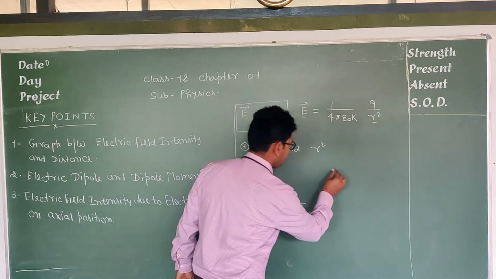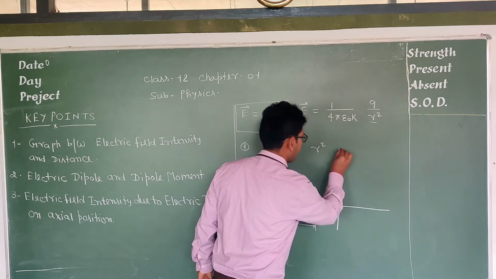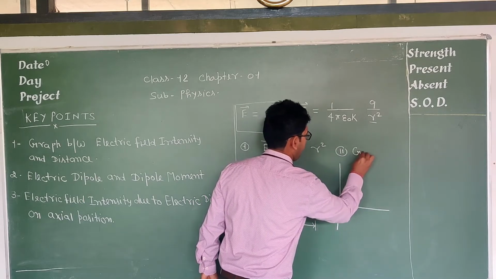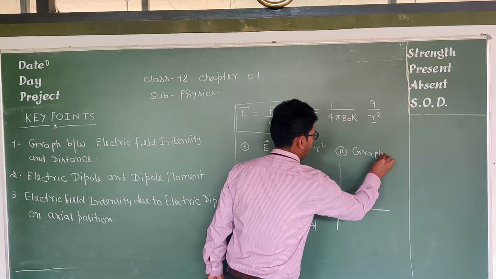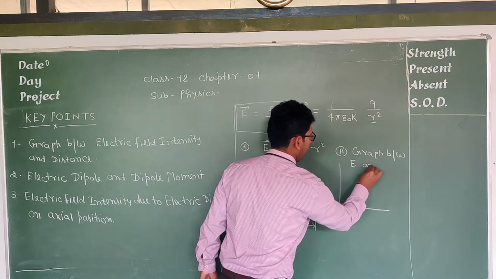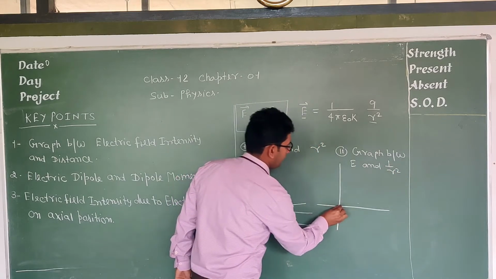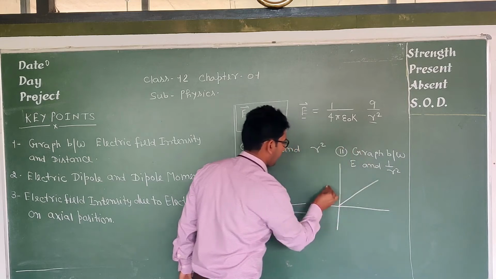And second one, the graph between E and 1 by R square. It should always be a straight line.